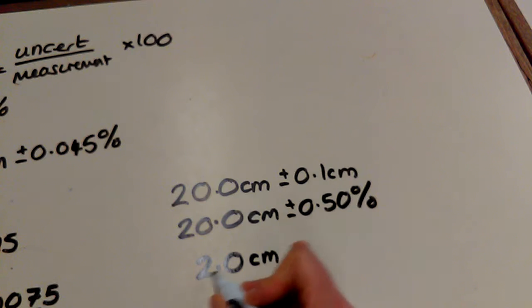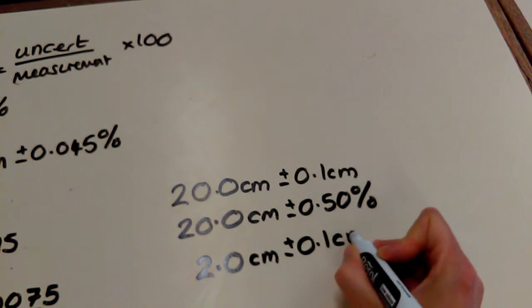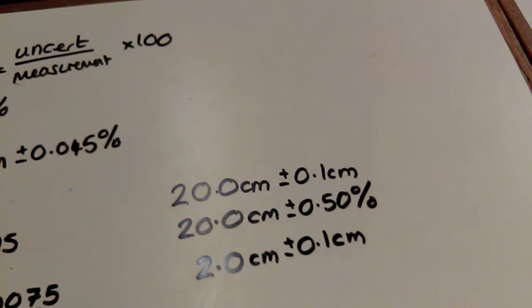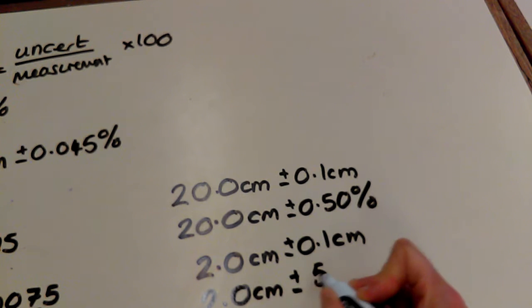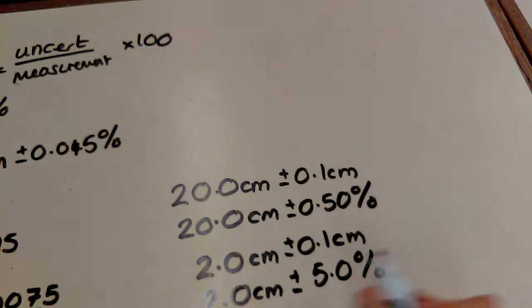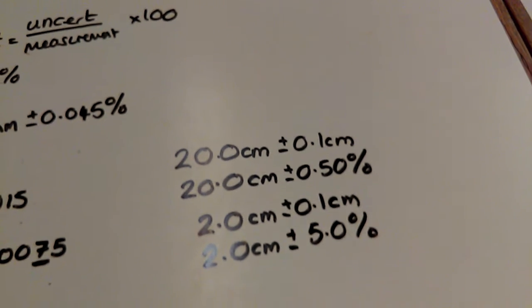Now let's say I was using the same ruler to measure something that was exactly 2 centimetres long. It would still be plus or minus 0.1 centimetre. This time, if I do the similar calculation, you'll see that it comes to 2 centimetres plus or minus 5%. So this uncertainty is more significant the smaller the distance is that we're measuring with this ruler.